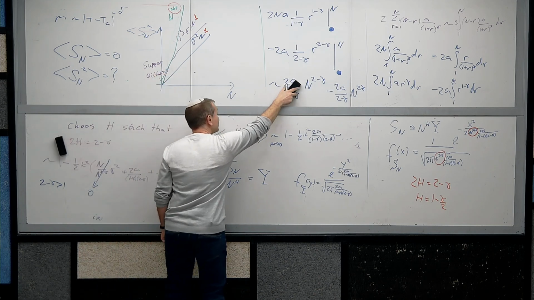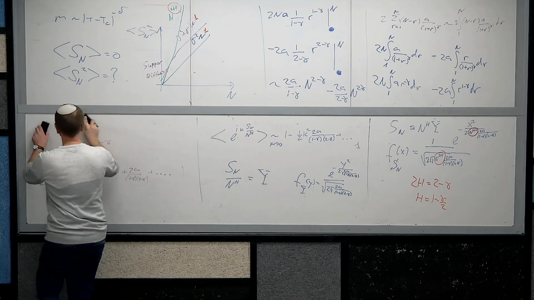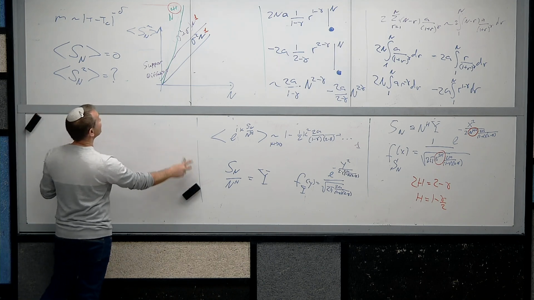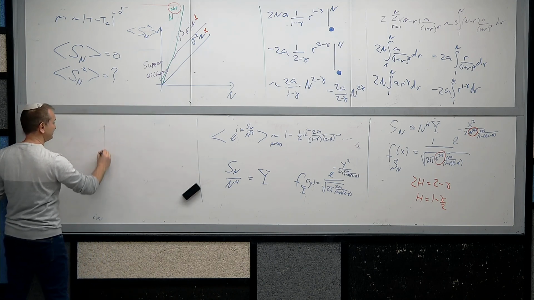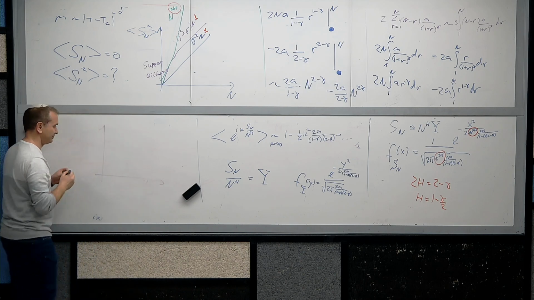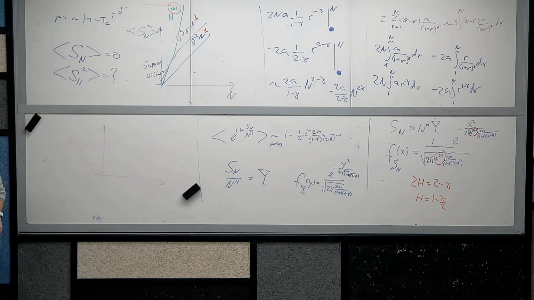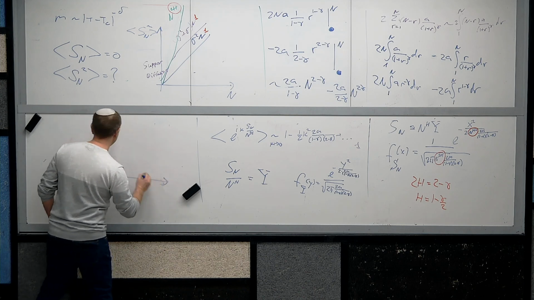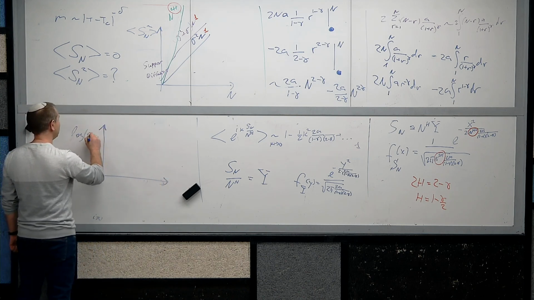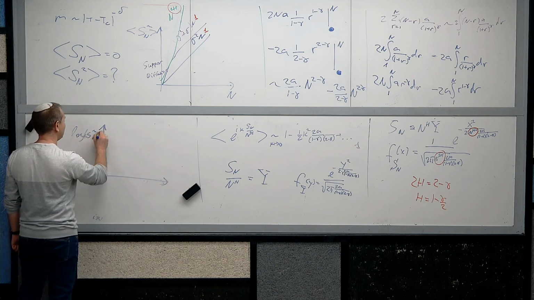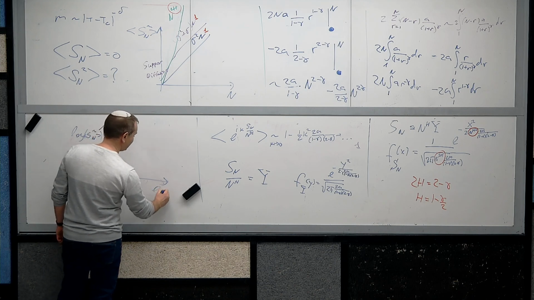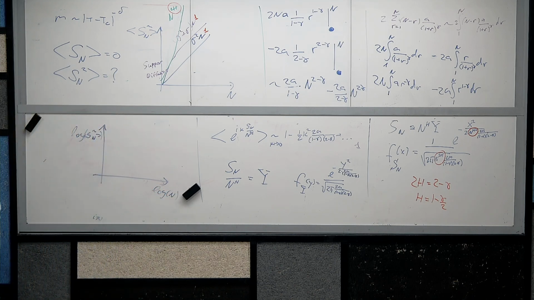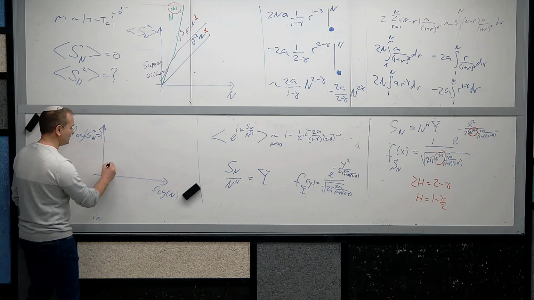So in general, if you plot not Sn but the log of Sn squared as a function of log n, everything that is diffusive is going to have a slope of 1.